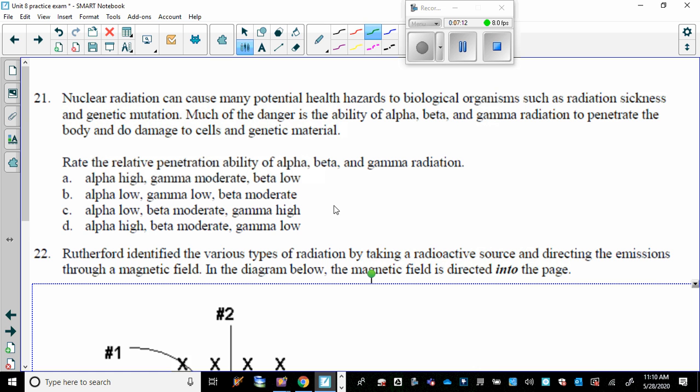So you just have to know that alpha penetrates the least, beta penetrates the second most, and gamma penetrates the most. The relative penetration ability of alpha, beta, and gamma. So alpha is the lowest and gamma is the highest, and beta is the in-between one. So that's going to be C.